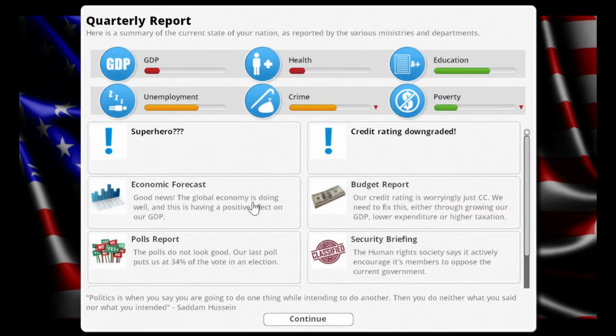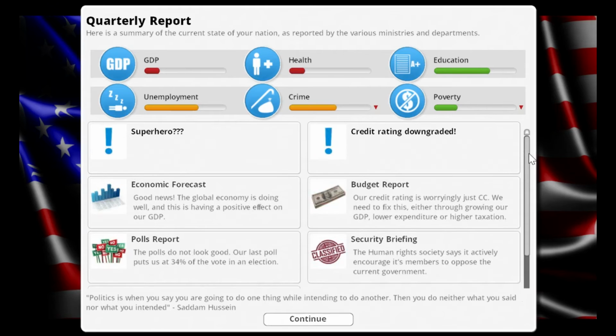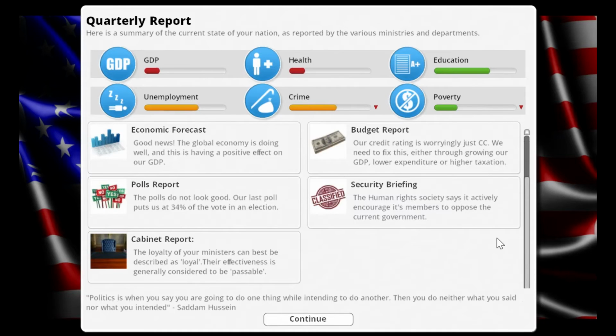Good news, the global economy is doing well and this is having a positive effect on GDP. Okay, I think. Ooh, that's not good.